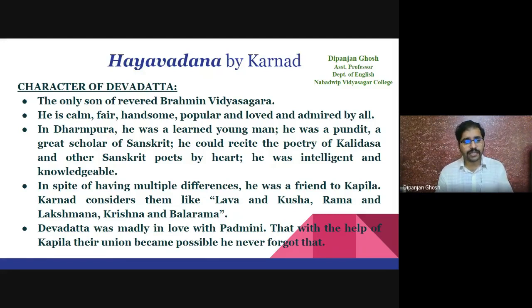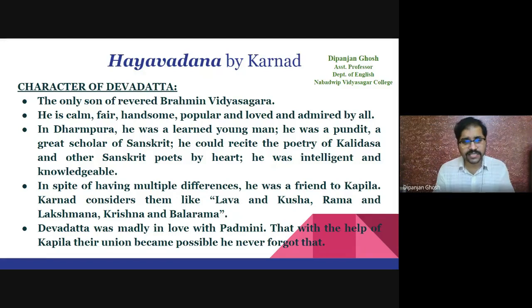So ultimately, you will find that there are multiple kinds of differences. And so far as this particular lecture is concerned, I will discuss in this lecture and also in the next lecture, while I will discuss Kapila, that there are ample references of the differences. That means Kapila and Devadatta had been treated as antithetical figures in this particular play.